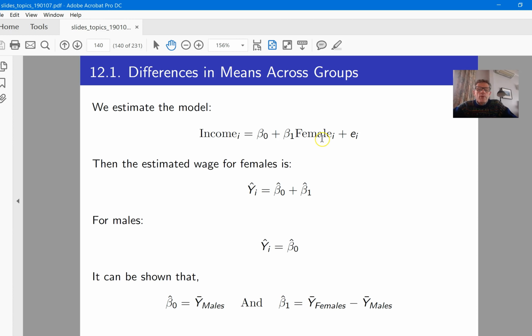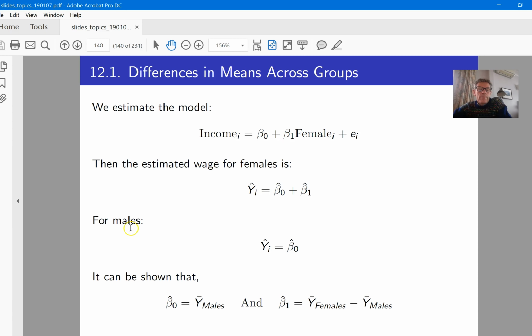So if a person's female, like I said, the value of the variable here is 1. So what you end up with is the income on average of a female being beta naught hat plus beta 1 hat, the hats indicating estimates. So that's what you get for females, because for females this variable here is 1, so therefore the beta 1 times 1 is included.